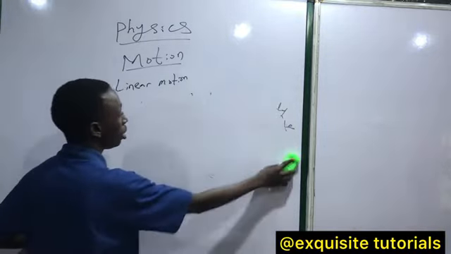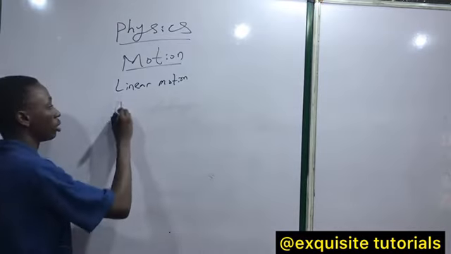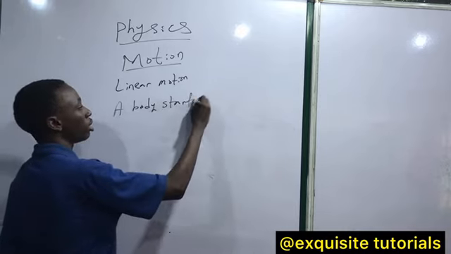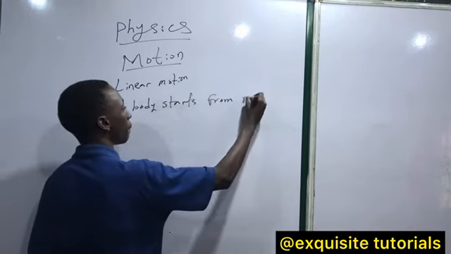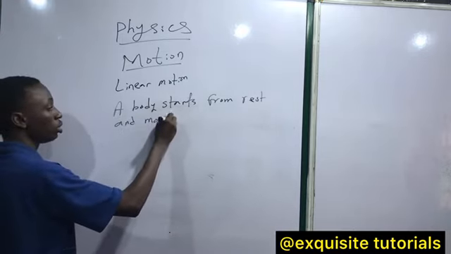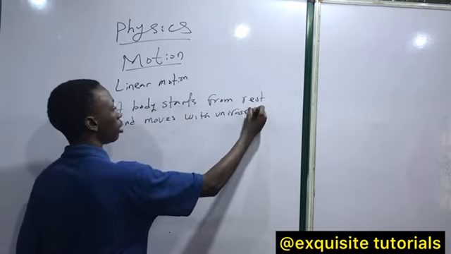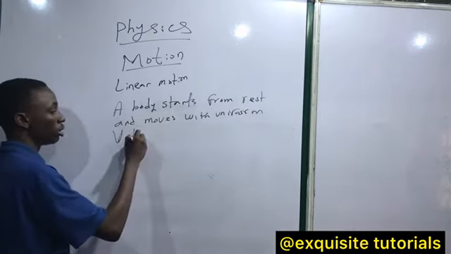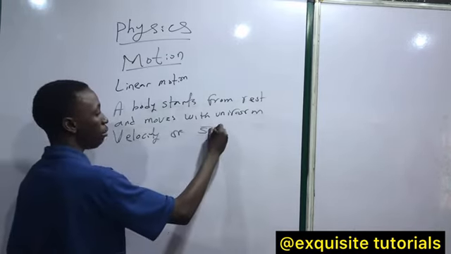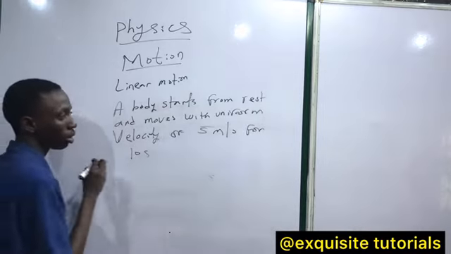The question says a body starts from rest and moves with uniform velocity of 5 meter per second for 10 seconds.